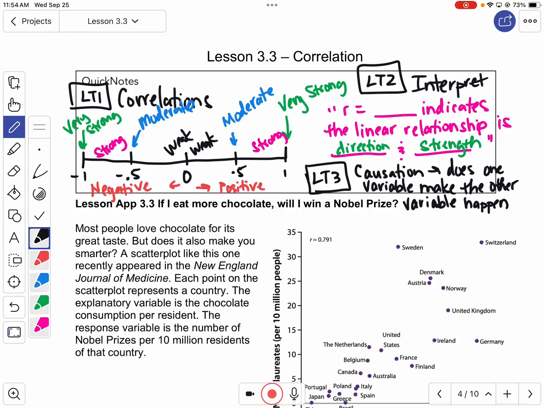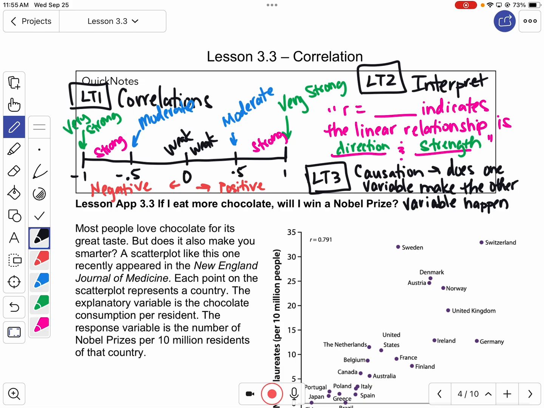No, but it could be that we got the right group of people, so that as their ACT score went up, so did their t-shirt size. Or as their ACT score went down, so did their t-shirt size. So we might actually see a linear pattern in the data, but do they cause each other to happen? No. And so that's the difference between correlation and causation.